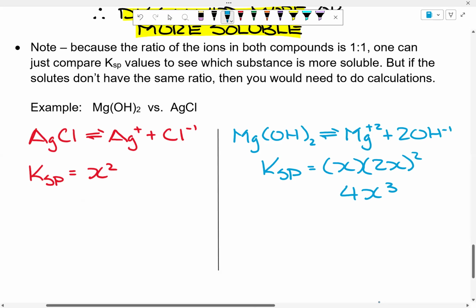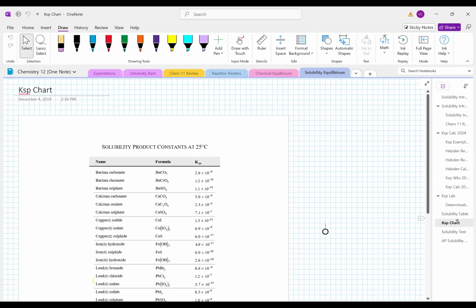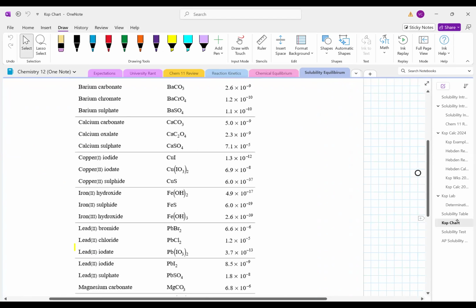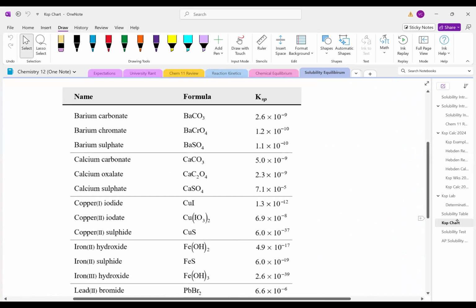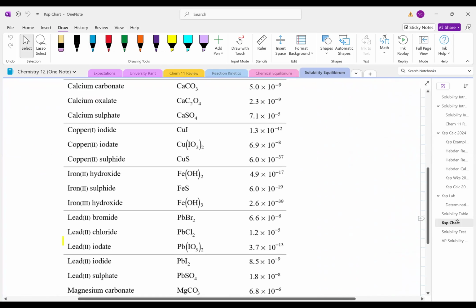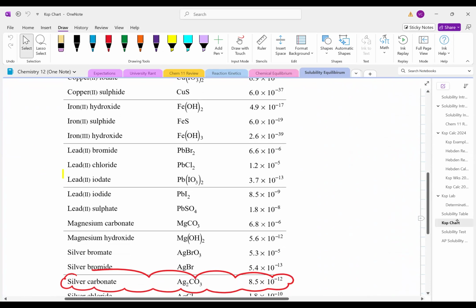Now, if we were to solve for this, we would look at the KSP chart. I don't know if I introduced you to this chart during the last lesson. It tells you all the solubility ion products of some solids that we use.